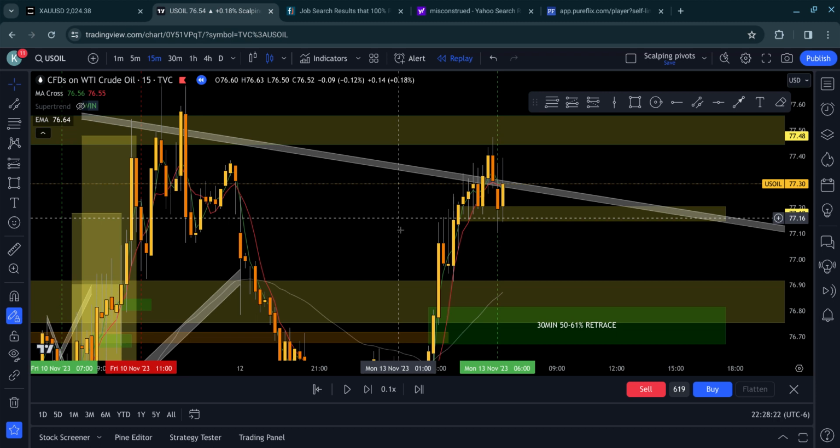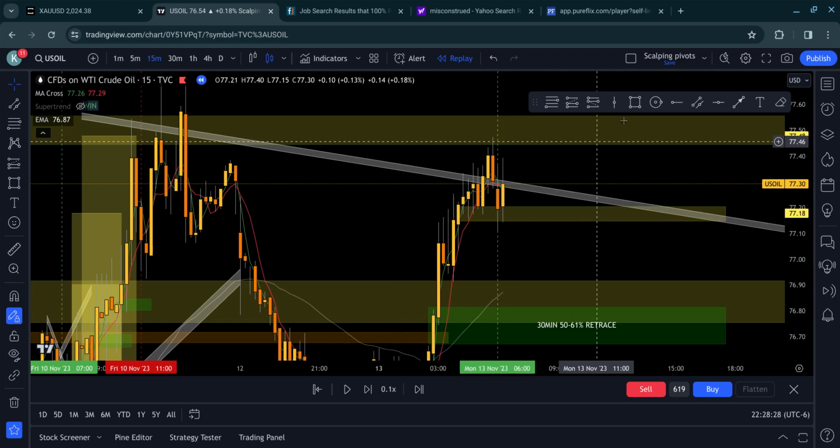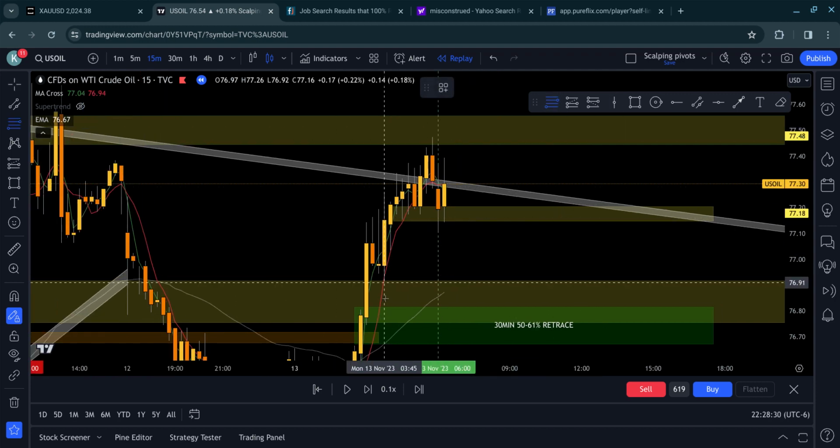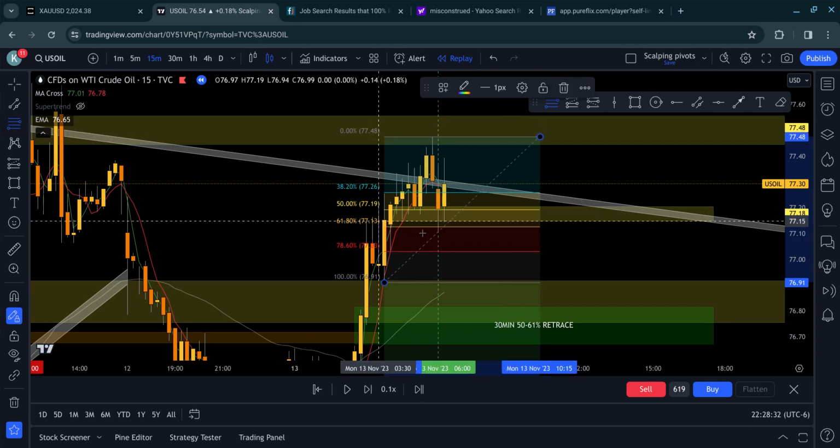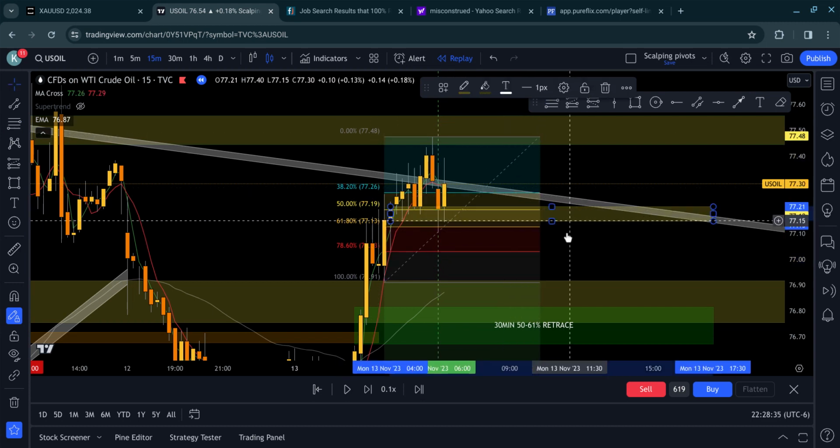Give me 1 second. All right. So here, on the 15-minute, if I'm going from the swing low up to the swing high, same thing. Came back into this 15-minute.